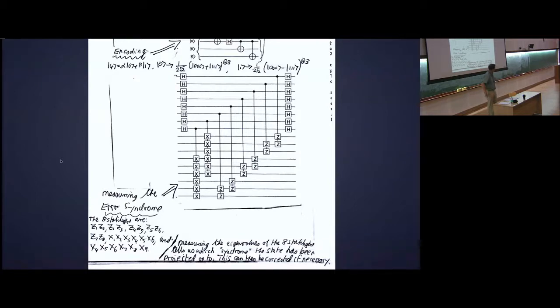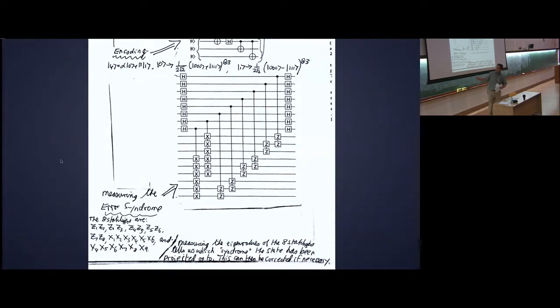So I want to say a couple of minutes and then stop about what's called fault-tolerant quantum computing. You see, we really haven't done enough yet. We've seen how we can do quantum error correction, which was originally thought to be impossible.